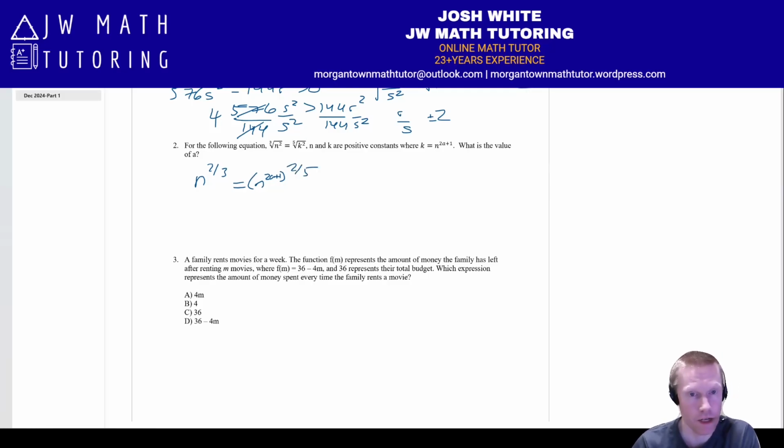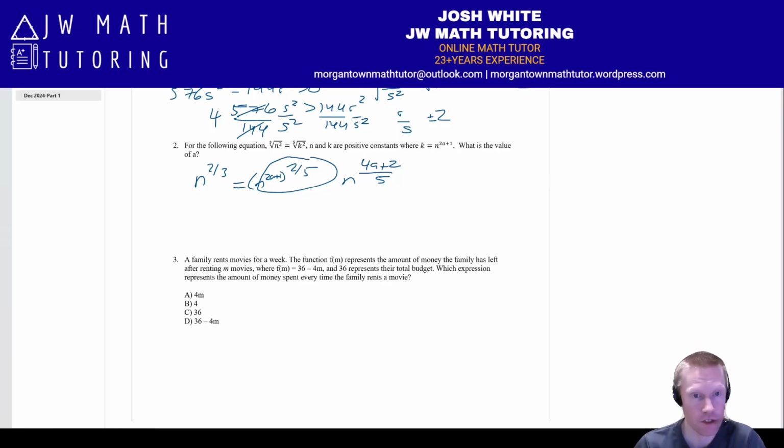So because we're raising to a power here, we can just multiply the exponents. So really what we have is, for this whole new exponent here, the 2 is on top, just like the 2a plus 1. So it's really 4a plus 2, over 5. That's the full exponent of the n. And that's equal to n to the 2/3.